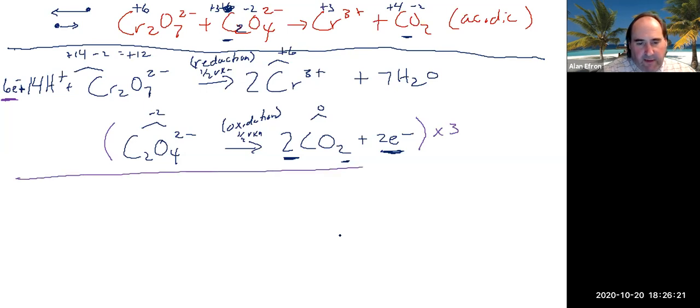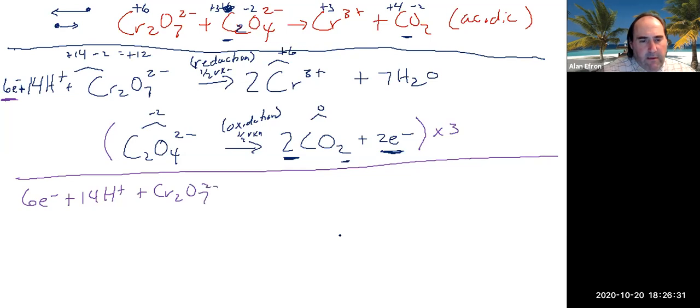So I'm just going to rewrite these equations below it. On the top, we didn't really do anything to it, so we just got this going like it was. On the bottom, we're going to multiply that 3 all the way across the equation.